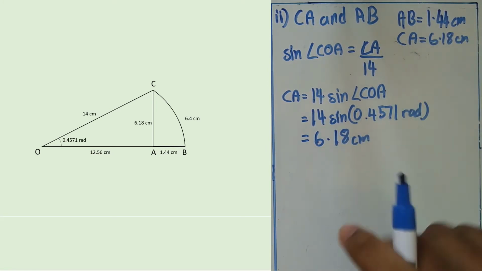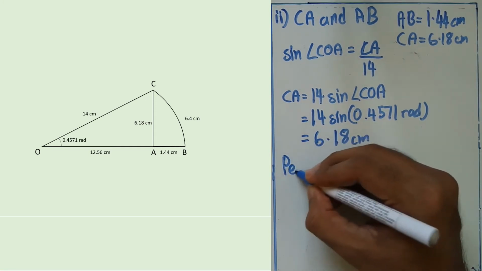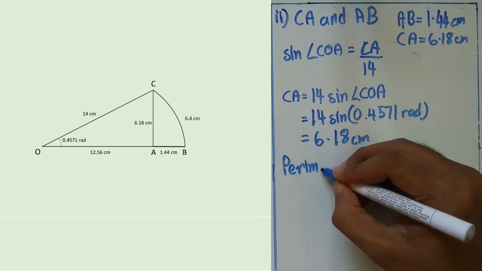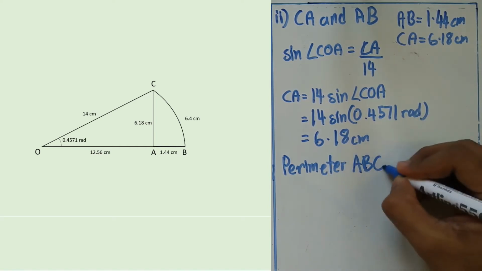Now that we have AB and CA, we can now calculate the perimeter ABC.